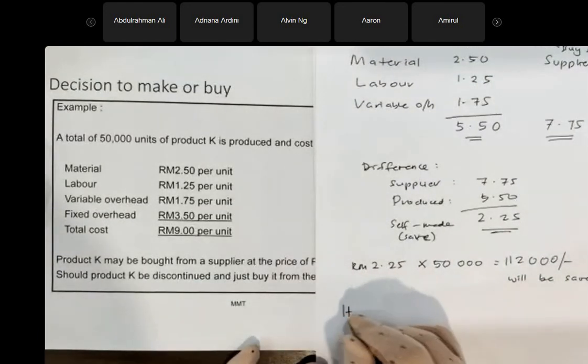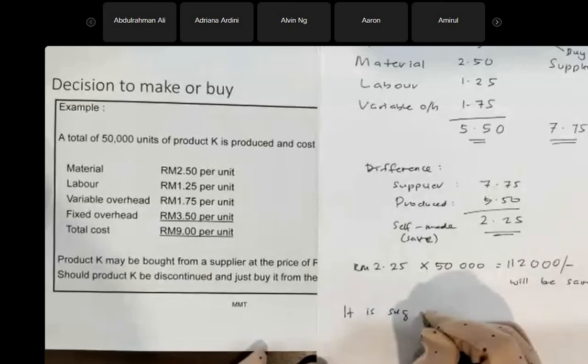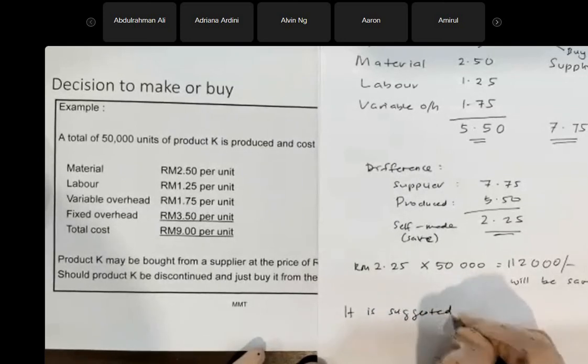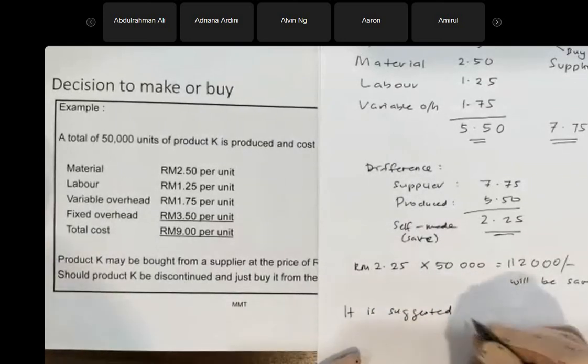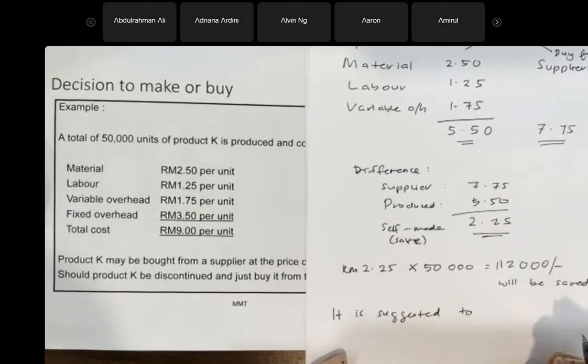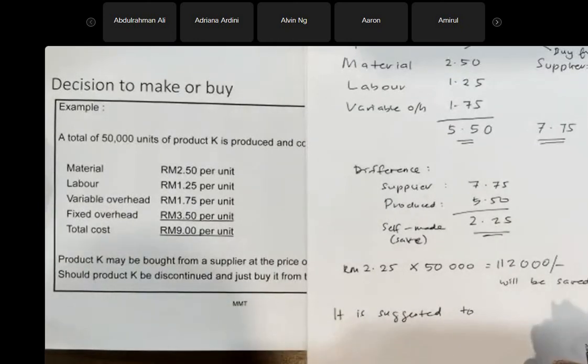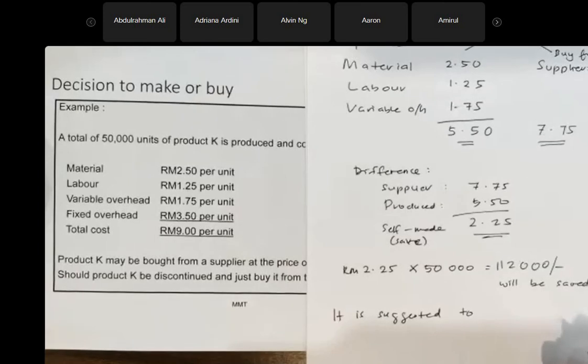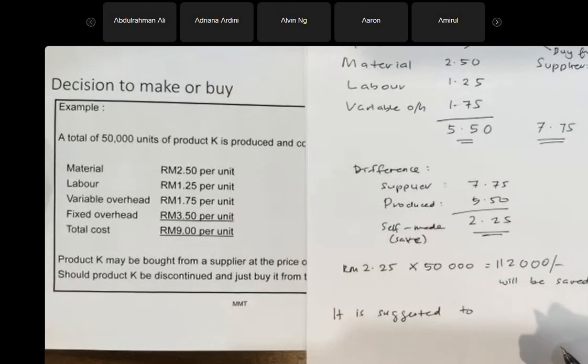So it is suggested what? What you want to suggest? To continue to produce or to buy from the supplier? Jawablah, dah nak habis dah ni. Ni dah last dah ni. Lepas ni tak ada kelas lah.